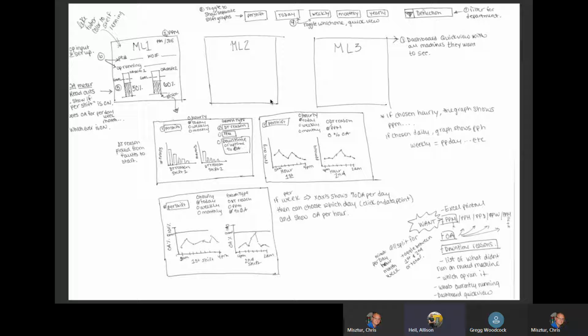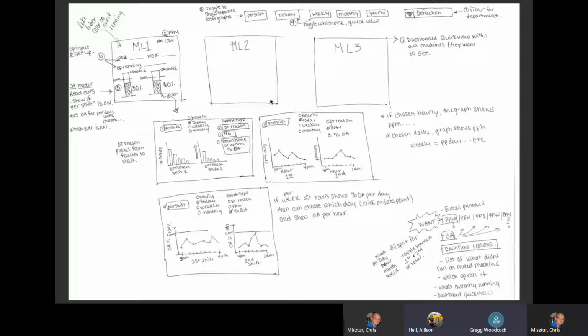Okay, so I think what we're trying to get from you, Greg, is essentially a quote for this dashboard idea. I talked to the supervisors, and they helped me create this concept.